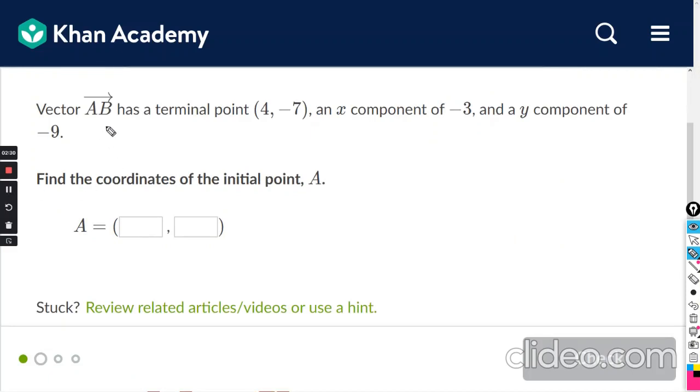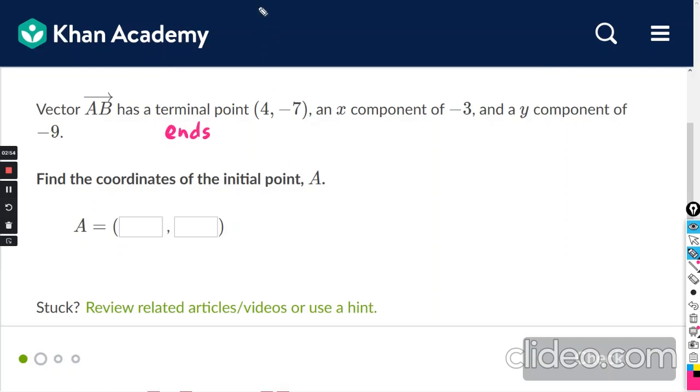It says vector AB has a terminal point 4, -7, x component of -3, and a y component of -9. Find the coordinates of the initial point A. The terminal point is actually where it ends. So we want to find the initial point.